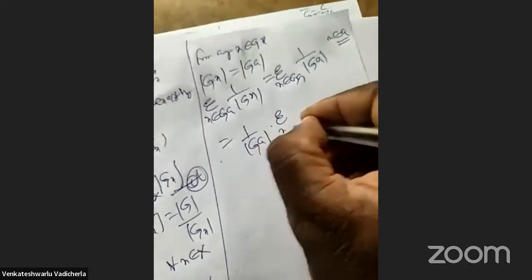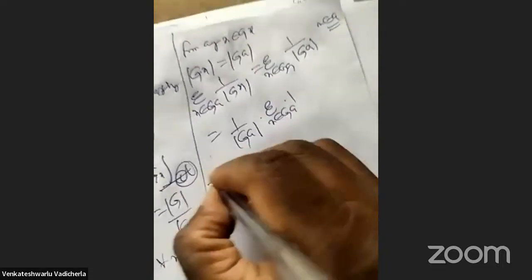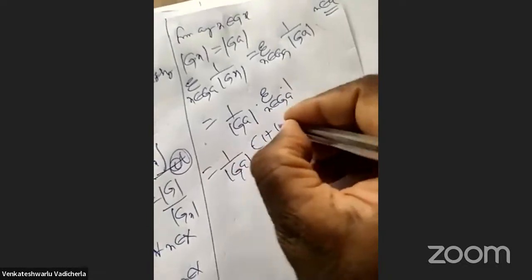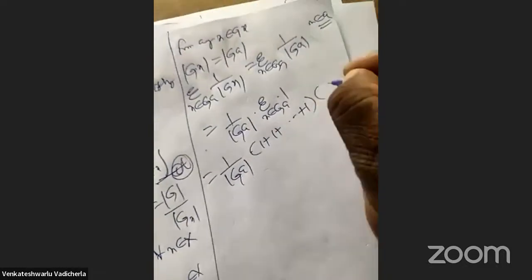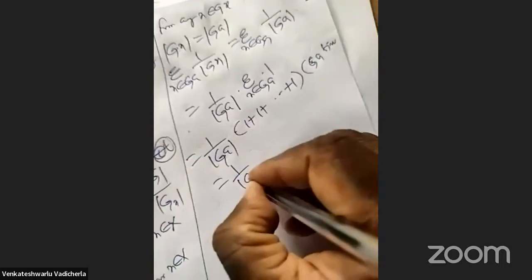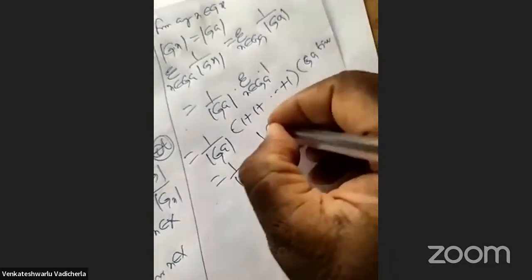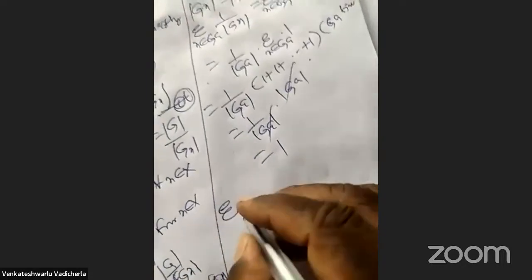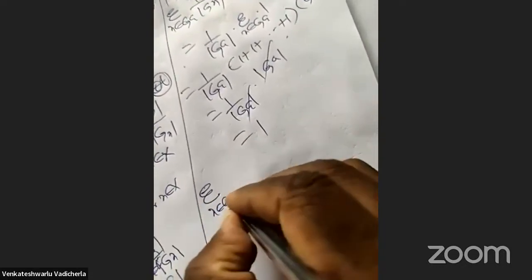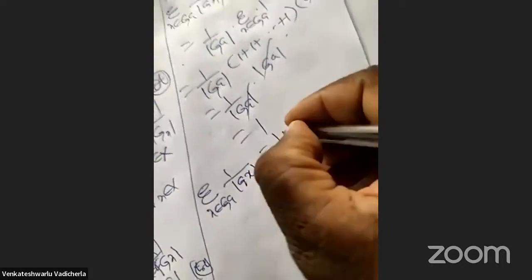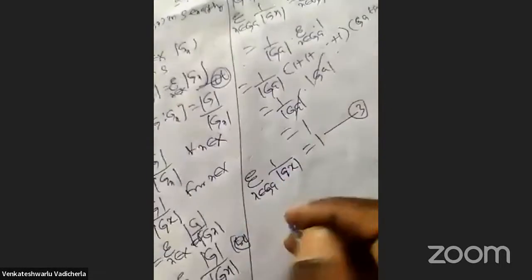The summation of 1, how many times? Ga times, that is, 1 by order of Ga times the order of Ga, so the Ga cancels and it is 1. So the equation is: the summation over x belonging to the orbit Ga of 1 by the orbit of x is equal to 1. This is equation number 3.